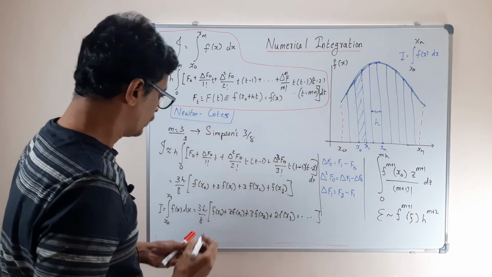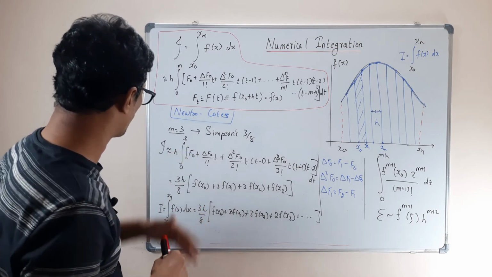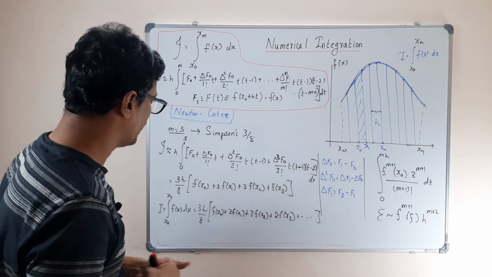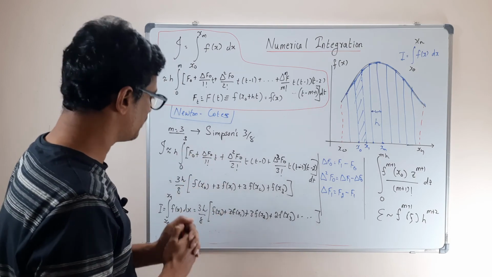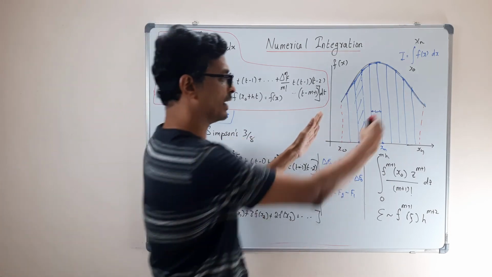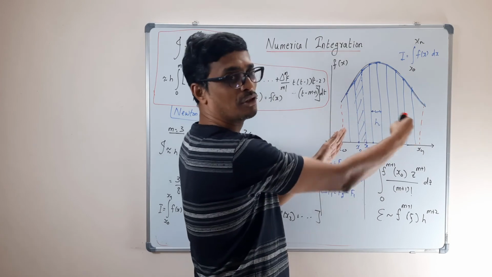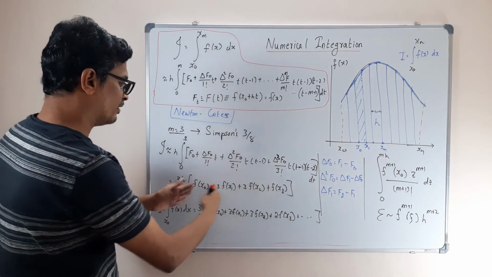The only thing we have to be cautious about when performing Simpson's 1/3 and Simpson 3 by 8 is that most of the time people don't do it. It works fantastically and it's not a serious problem. But ideally, you are supposed to divide your interval so that you can club it into 4 points.